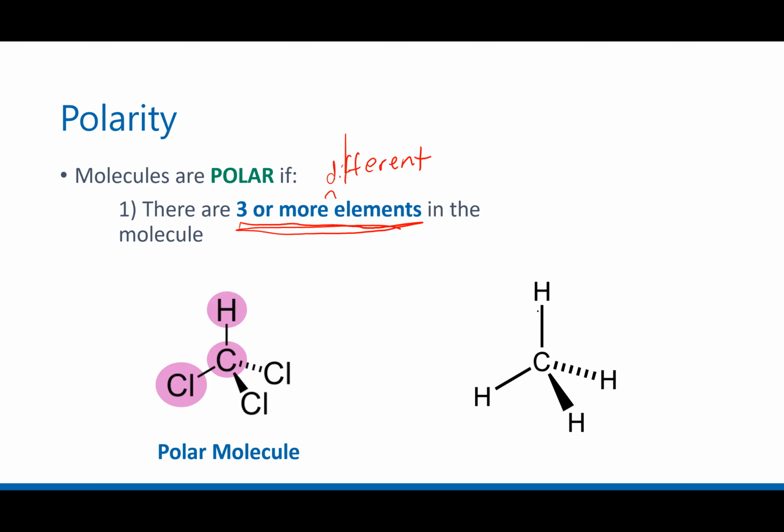So here I have hydrogen and carbon. That's only 2 elements. But here I have hydrogen, carbon, and chlorine. So this would be a polar molecule. So that's the first thing you need to remember. Molecules are polar if there are 3 or more elements.